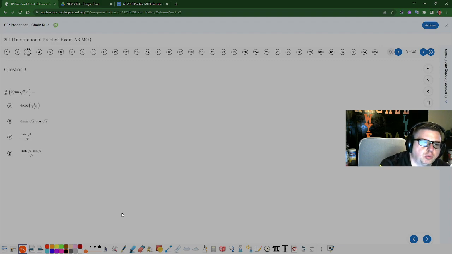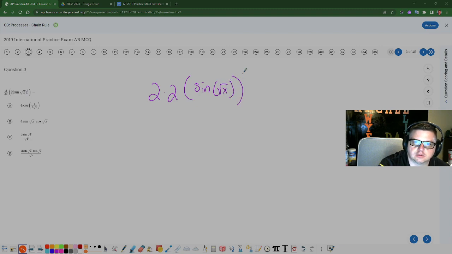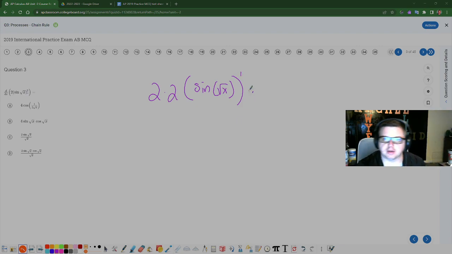So as we work through this, we're going to take the derivative of the outside. And the outside is your power rule. So I'm going to have 2 times the sine of the square root of x, and then that's going to go down by 1. But then we times it by the nested function.